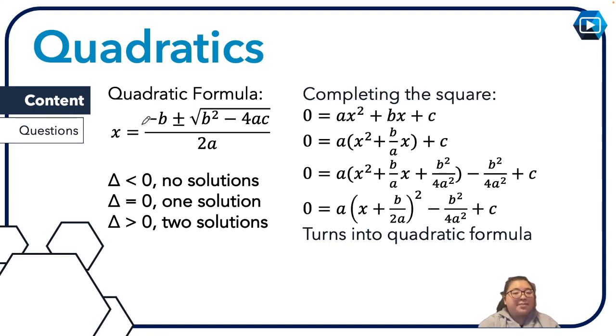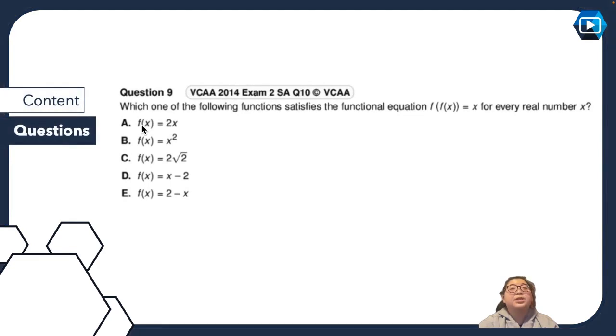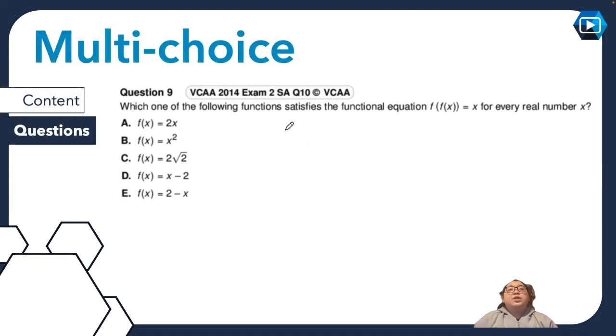Alright, so let's jump into talking a little bit about some questions. Which of the following functions satisfies the following equation f(f(x)) equals x for any real number x? This is from 2014 VCAA exam 2. What we want to do here is essentially plug in each option. Because we have calculators for this, it's probably a lot more rapid and you can pop them into your calculator quite quickly.